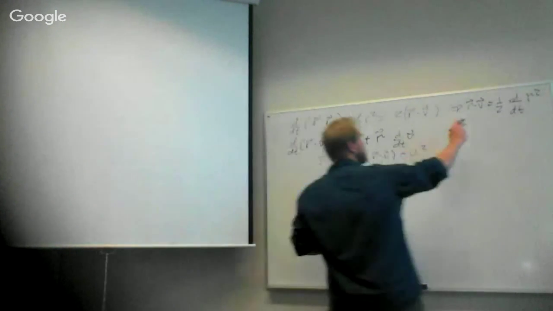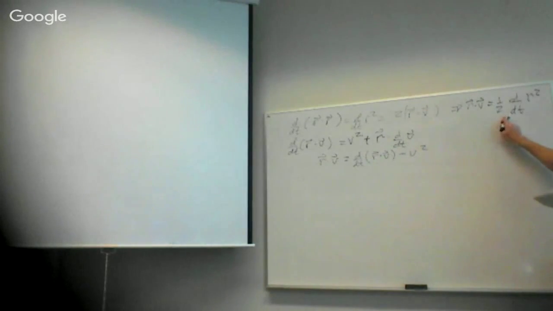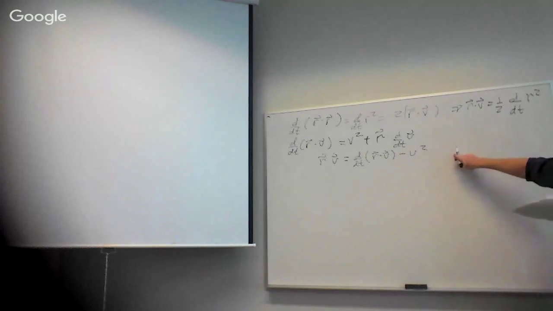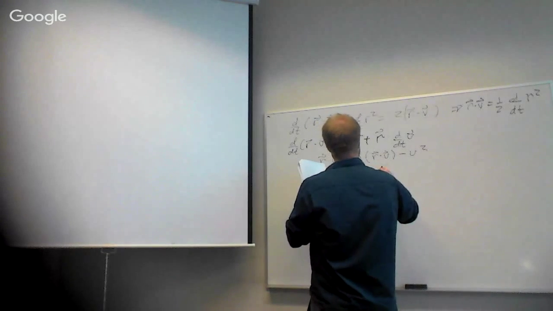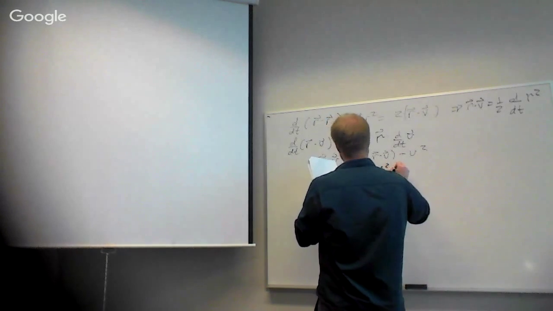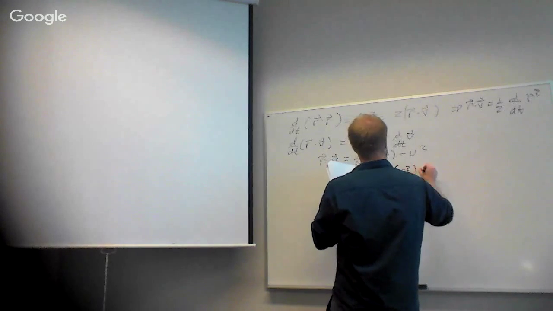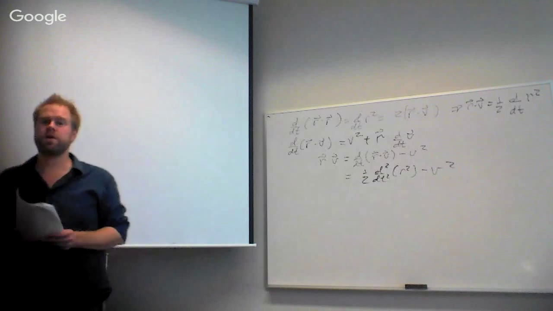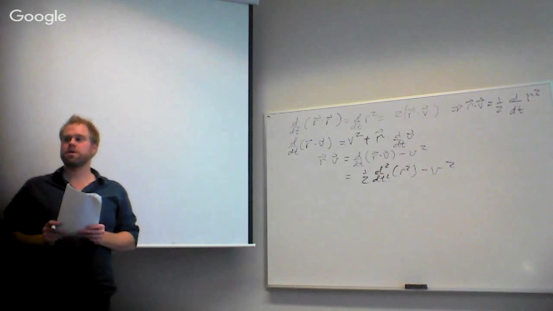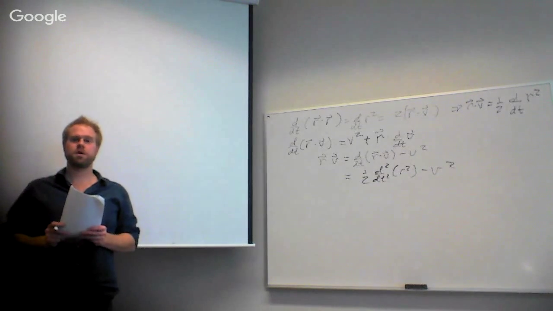But we solved for what this was equal to up here, so we can use that result in here. This means it's equal to 1/2 the second time derivative of r squared, and we still have our minus v squared. Cool.